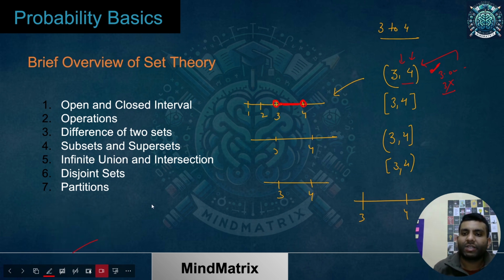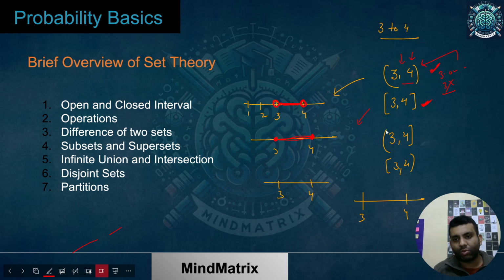If I talk about the second one, earlier we used empty circles on the exact numbers. But over here we are using filled circles, which means these numbers are also part of the interval. That means all the numbers starting from 3, including 3, till 4, with 4 included, are part of this range.